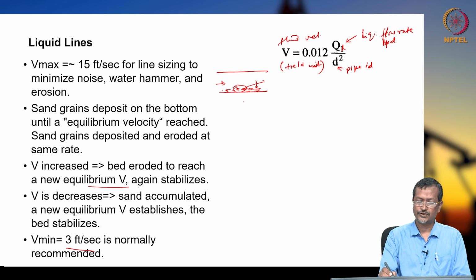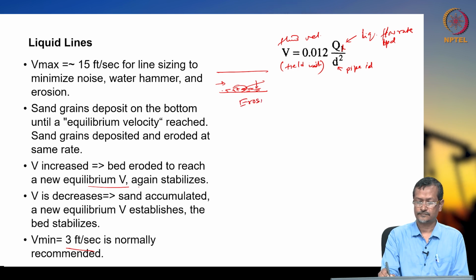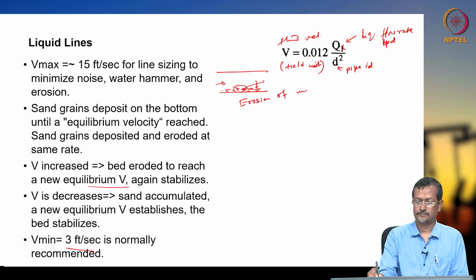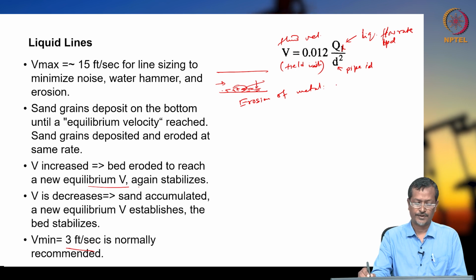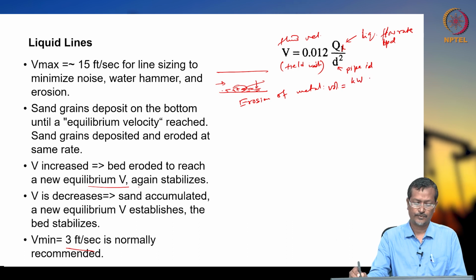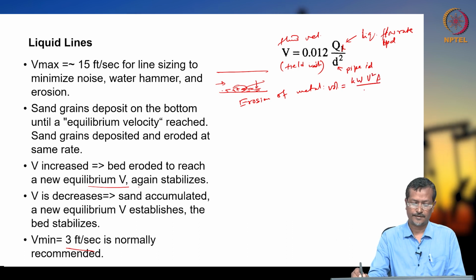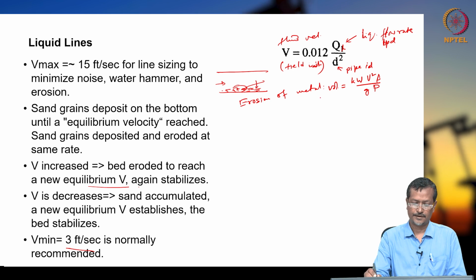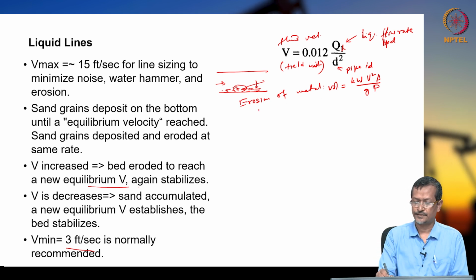Okay. Now, erosion of metal, the formula is the volume equals K W V squared beta G by P. K is the erosion wear coefficient.